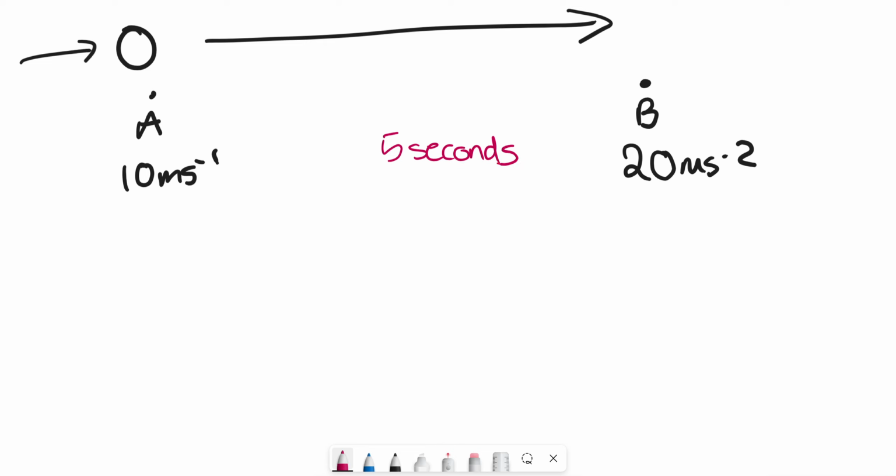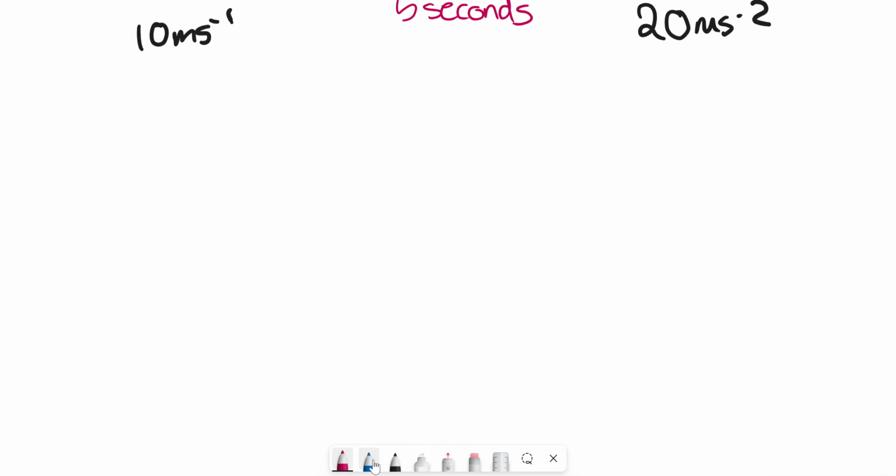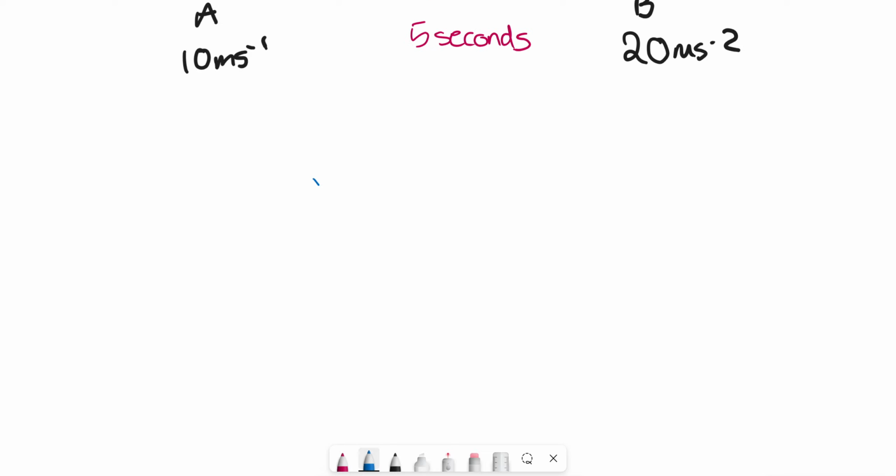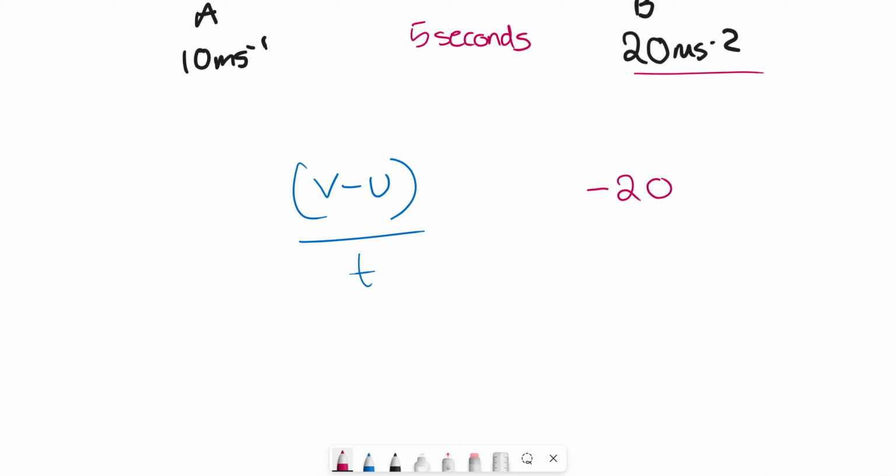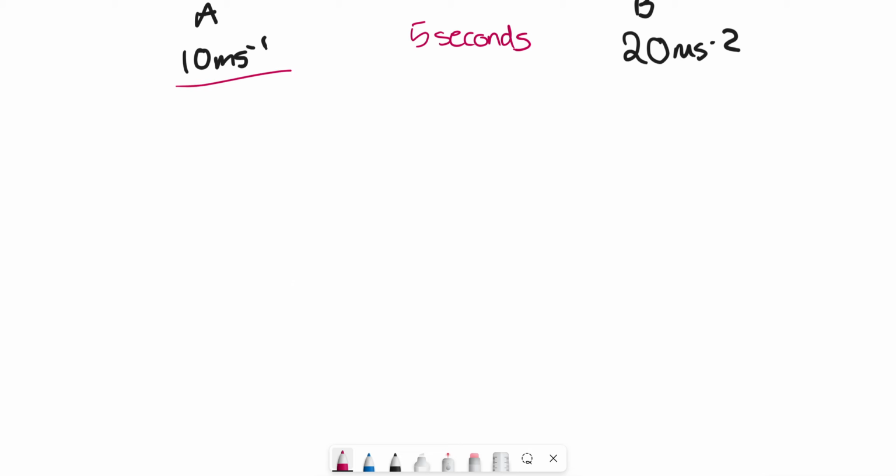Now the reason we use that other formula is it's just less ambiguous, very clear that it's v minus u over t. Oops, I've done that the wrong way around there. The initial velocity is 10, so u equals 10. The final velocity is 20, v equals 20, and the time it takes is 5 seconds.